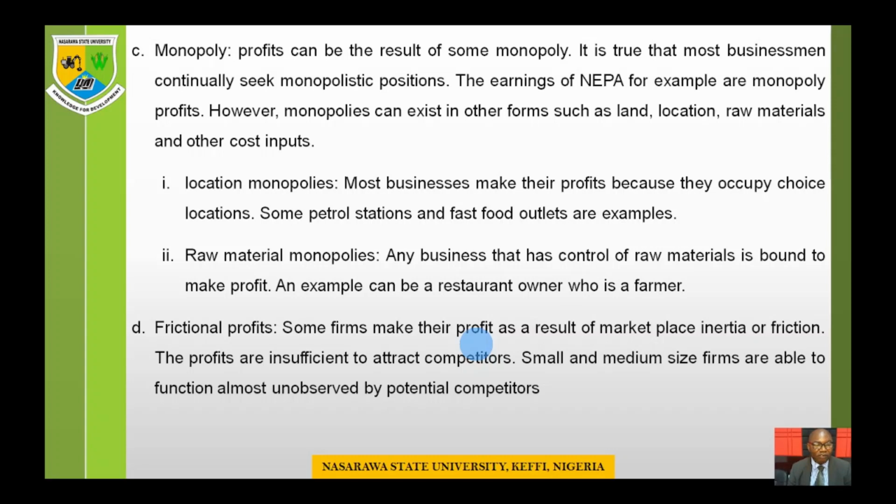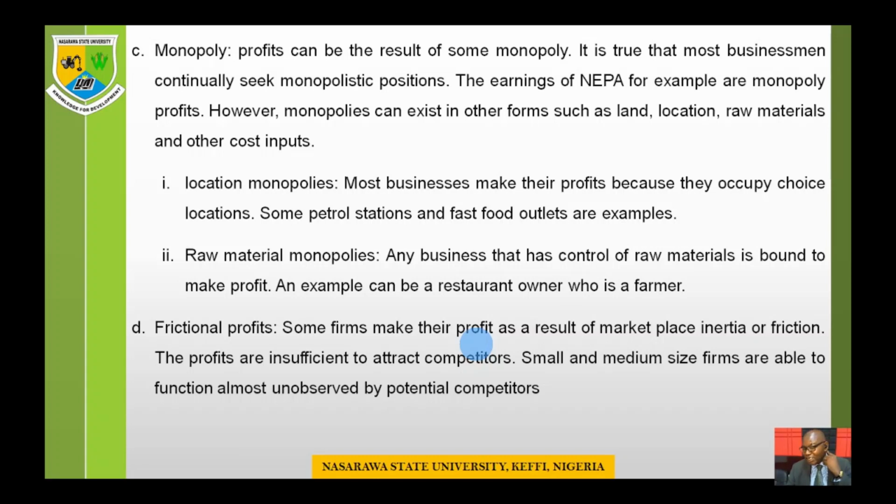D, frictional profits. Some firms make their profit as a result of marketplace inertia or friction. The profits are insufficient to attract competitors. Small and medium-sized firms are able to function almost unobserved by potential competitors.